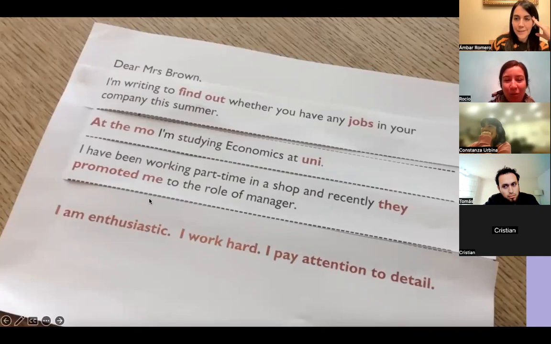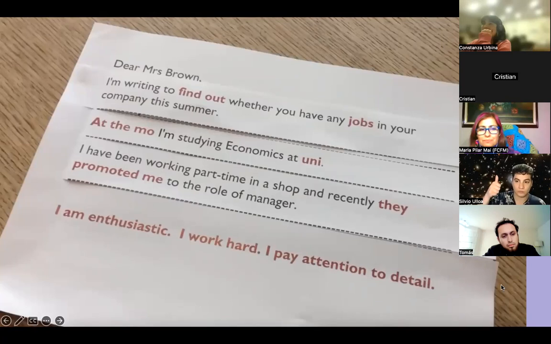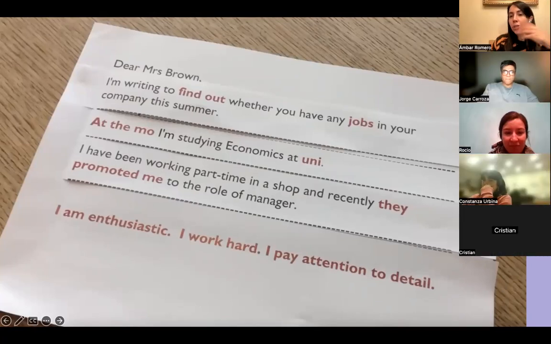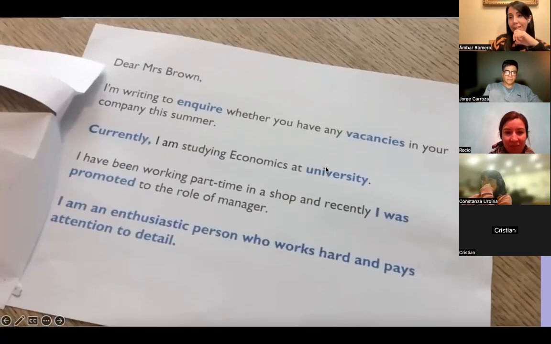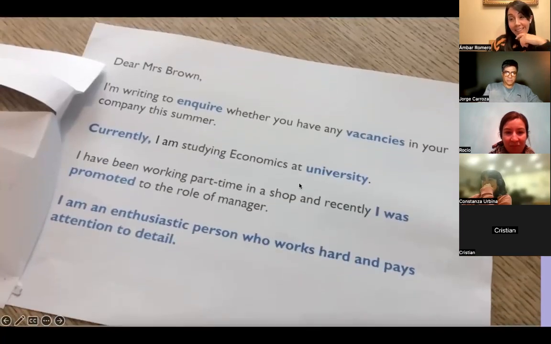And "uni" instead of university, right? Christian, Tomás, Constanza, do you agree with Rocio? Yeah? Silvio, you too? Yes. Right, so in general, phrasal verbs tend to be more informal than, for example, words that come from Latin.